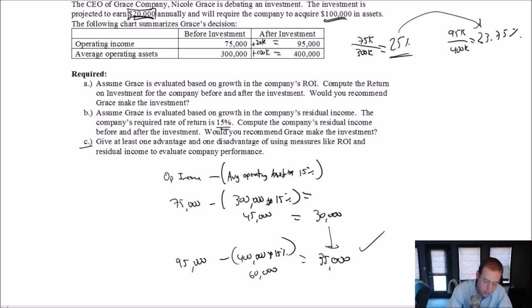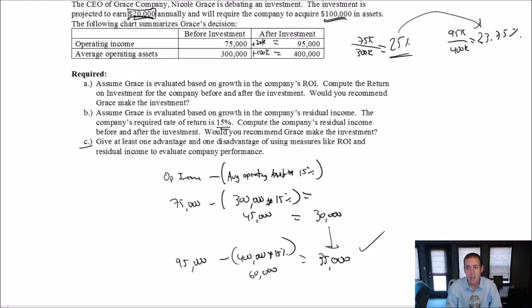It says give at least one advantage and one disadvantage of using summary measures like ROI and residual income to evaluate company performance. As you've seen, I've gone through A and B, and it wouldn't take that much longer to do for a real company. We could look up a real company and do a similar calculation in under 5 minutes.